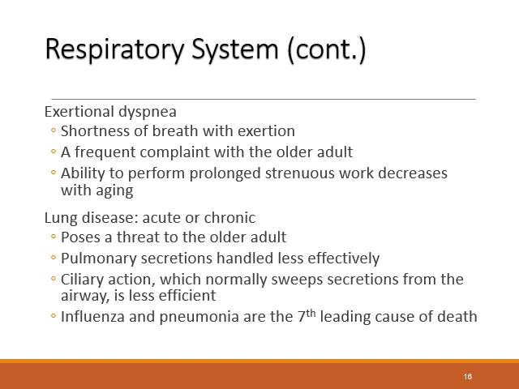Well, that becomes less efficient. So therefore, the elderly are more apt to get pneumonia. And as I go down in lung disease here, acute or chronic poses a threat to the older adult. Pulmonary secretions are handled less effectively, so their cough is a little bit weaker.